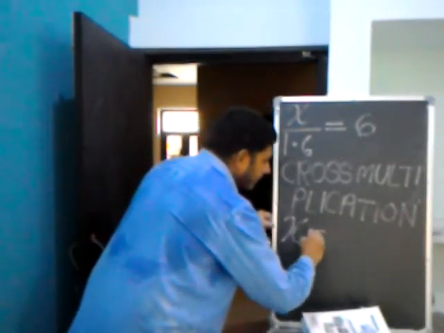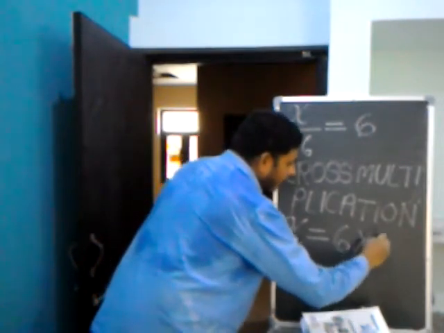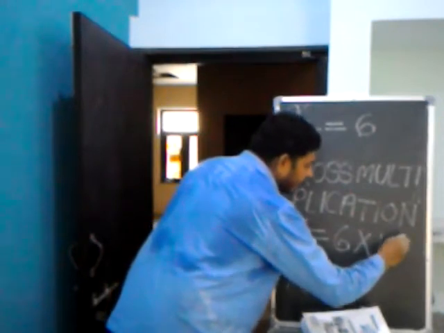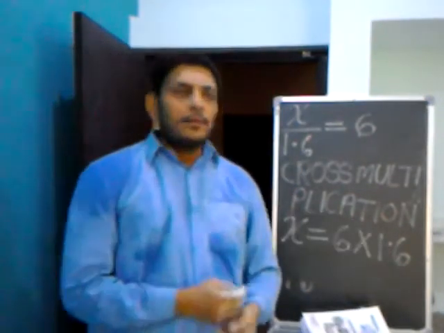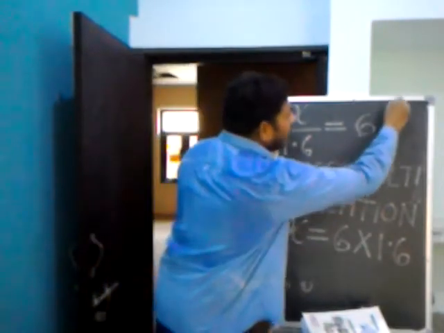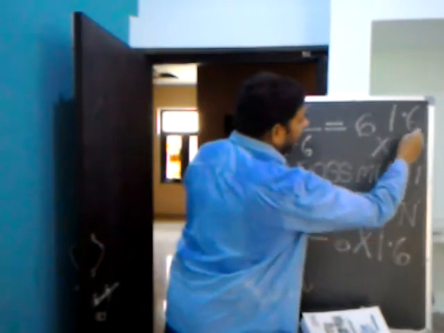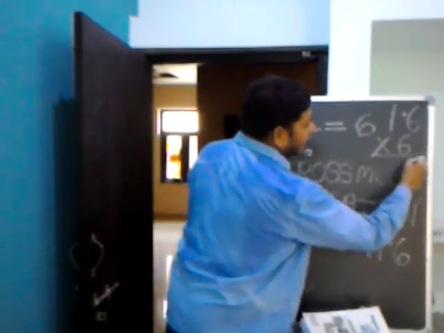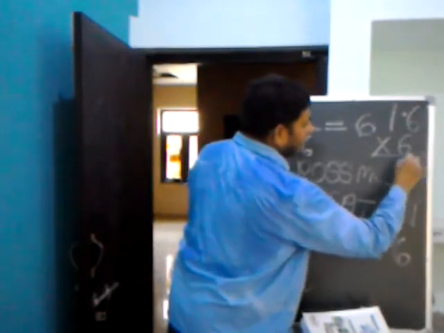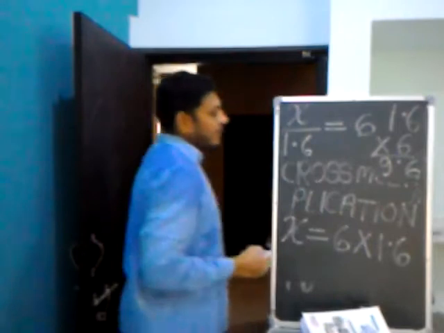X is equal to 6 into 1.6. Now I will multiply it. Let me solve it. 1.6 multiplied by 6. 6 times 6 is 36, and 6 times 1 is 6. So 9.6.